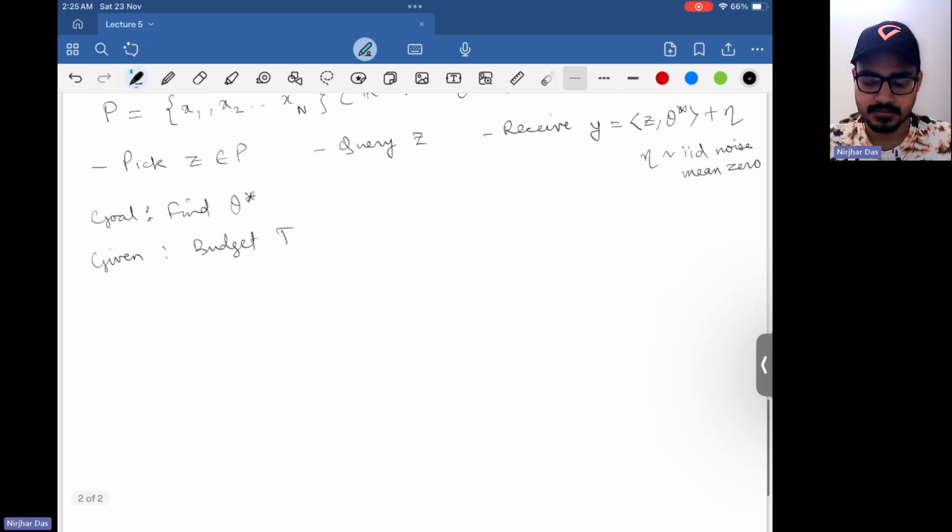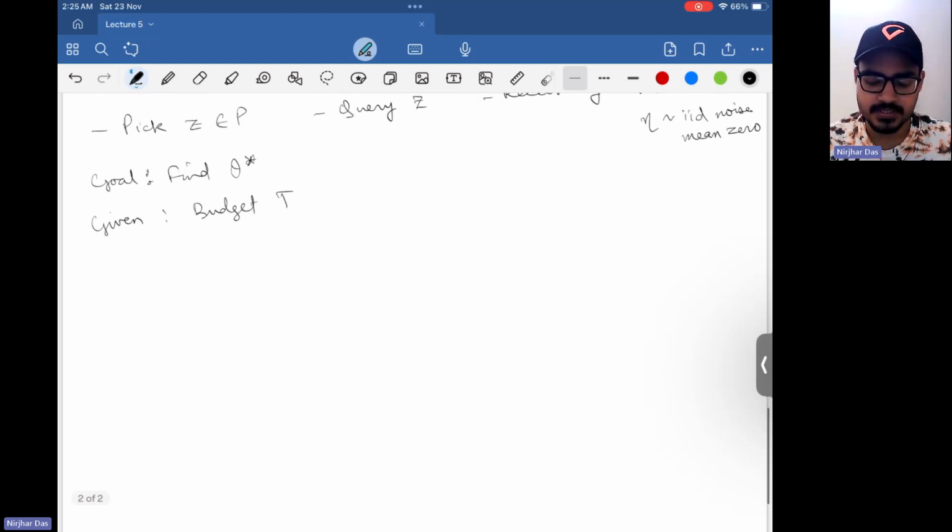Let's first start by writing out a very basic and very popular estimator, which is nothing but the least squares estimator.